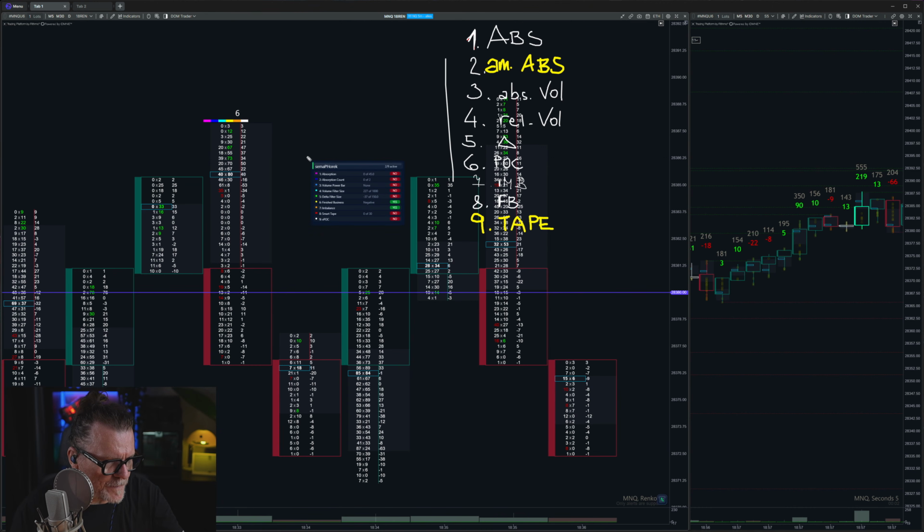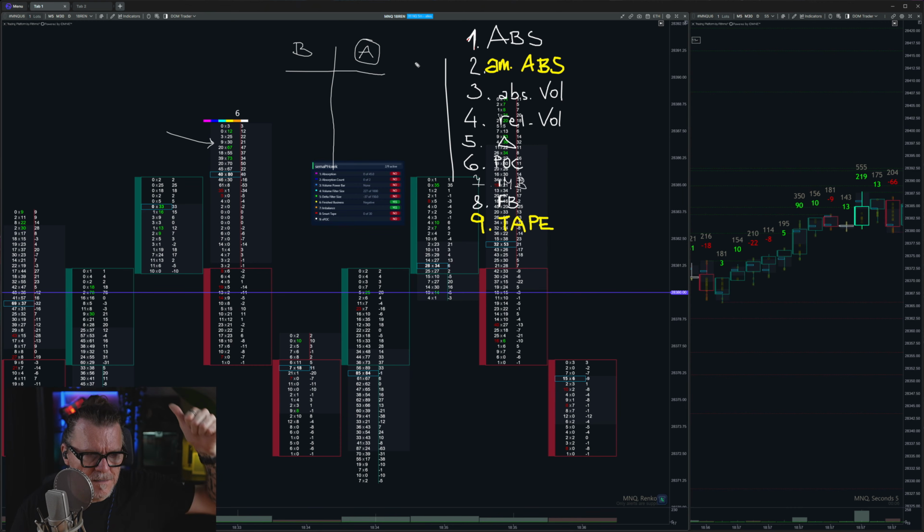Now, what is an absorption? We have a footprint, which looks like this. This is the footprint, of course. We have a right side and we have a left side. Left side is bids, right side is asks. Asks, the right side, are either market buys or limit sells.